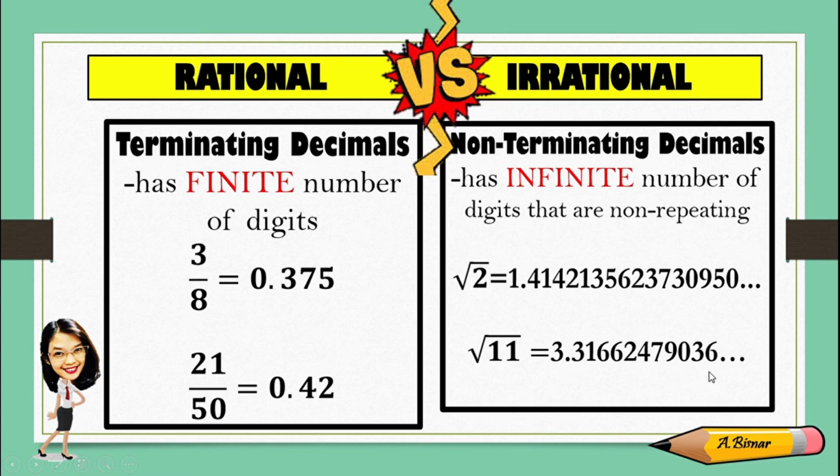This is also infinite, and therefore, we cannot count the number of digits, which means these two are non-terminating decimals. And these non-terminating decimals cannot be represented as fractions, and since they cannot be represented as fractions, then they are irrational.